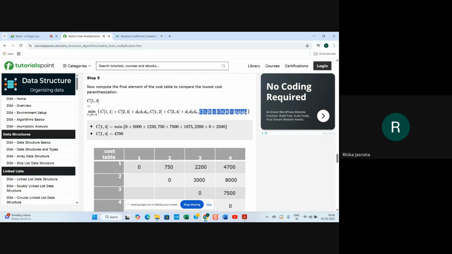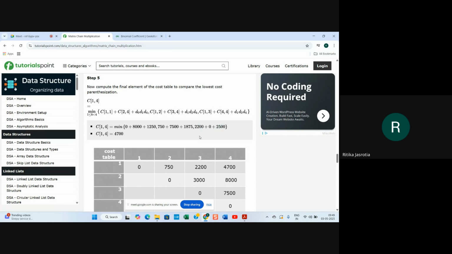Right. So it is 0 plus 8000 plus 1250 if you keep k as 1. If you keep k as 2, you are getting 750 plus 7500 plus 1875. And if you are keeping 3, then you are getting 2200 plus 0 plus 2500.